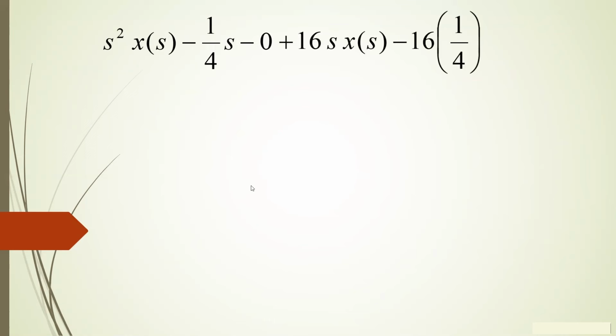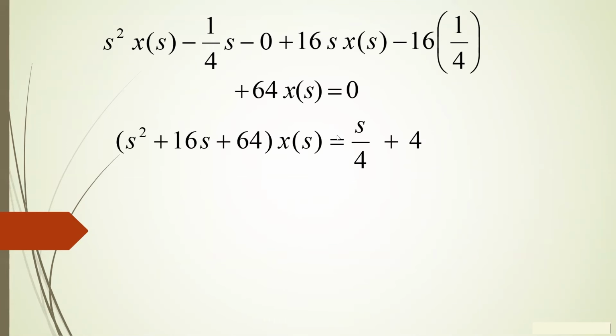And once you plug in everything in there, this is the first group of terms. This would be the second group of terms and the last group of terms. And of course, our main goal is to have all the xs combined and factor out whatever you can factor. Anything that you can move to the other side, move it to the other side. So you'll end up with this.